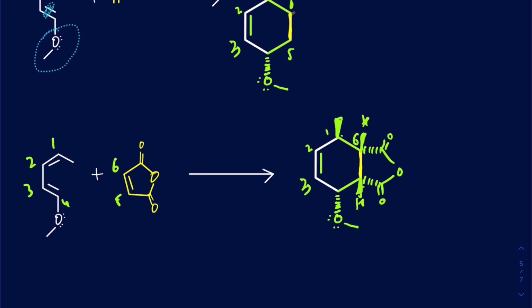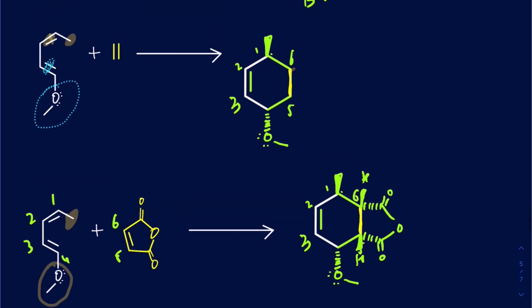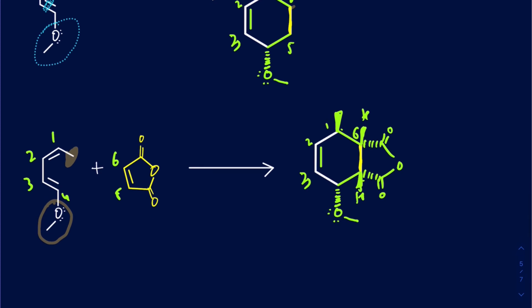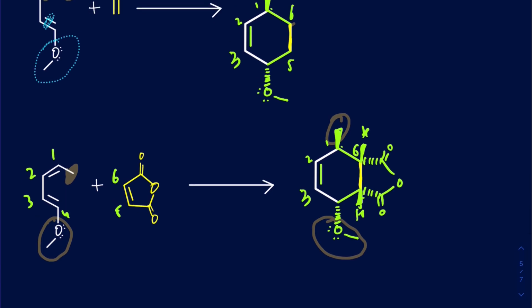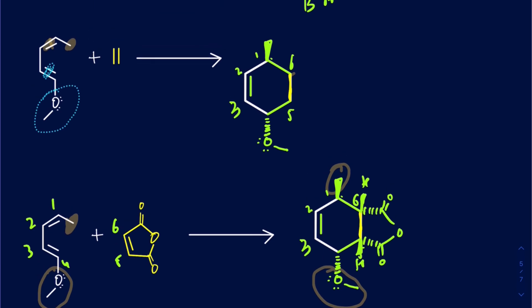And I didn't really change the position of this methyl group and this methoxy group because they were very similar to what we have in the previous example. So this methyl group was coming out of the page, and this methoxy group is going back into the page. If I want to go ahead and redraw this actually, let me just copy this down.